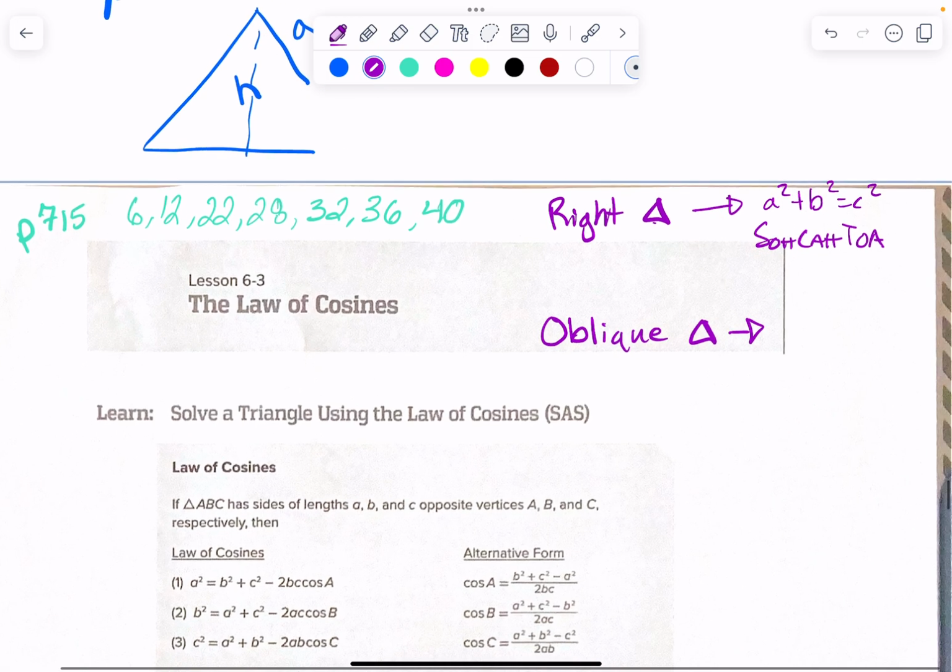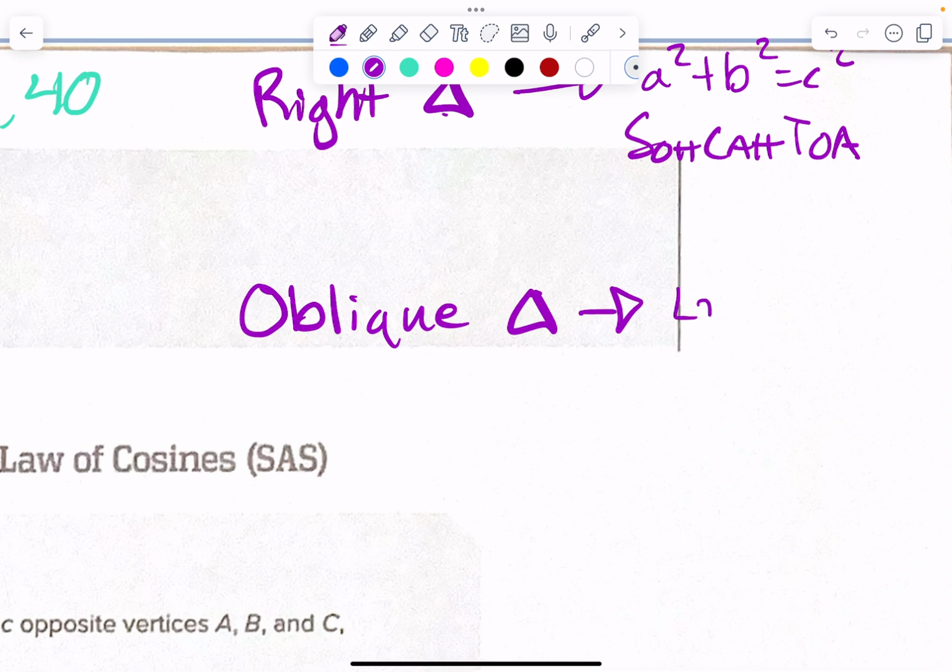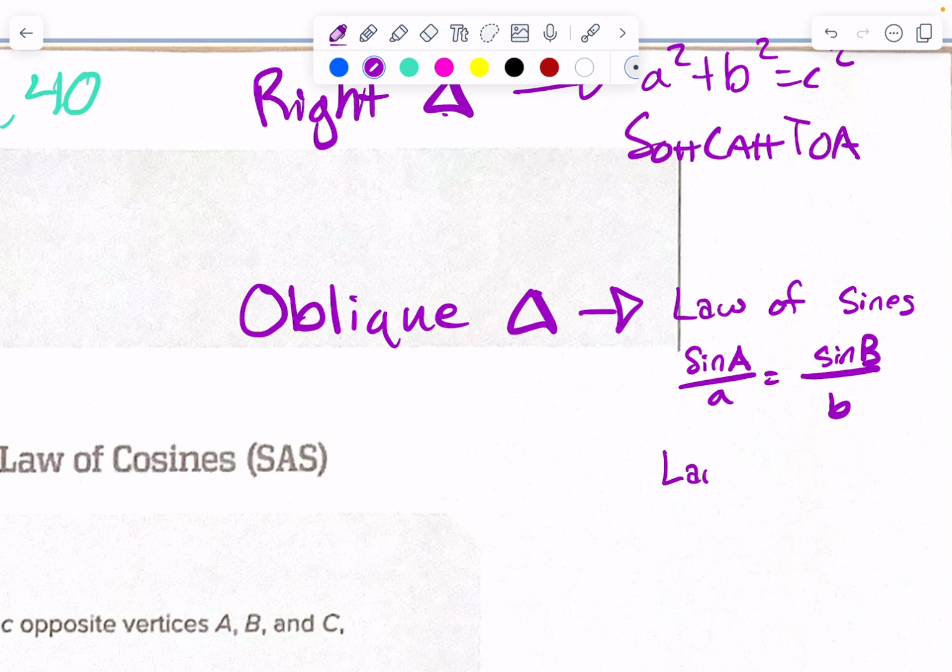We have 2 options. We can use the law of sines, which was sine of A over a equals sine of B over b, something of that nature, or we have the law of cosines, which is what we're learning now.